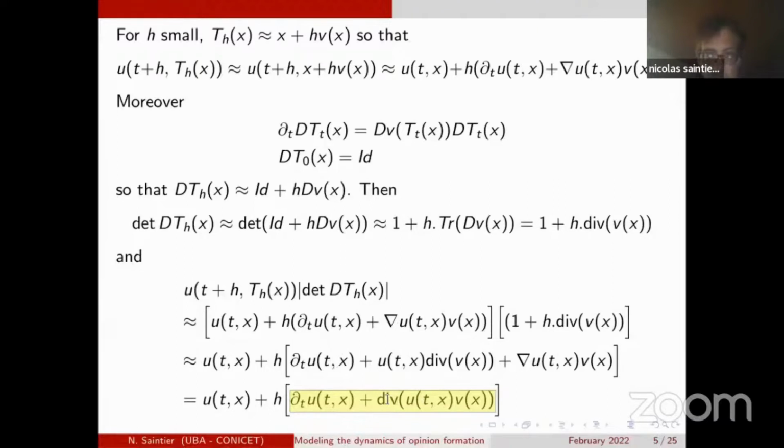Because in the divergence of vu, there is the gradient of u coming from here, which comes from the changes in u, plus the divergence of v, which comes from if the flow is expanding or contracting volume. Okay, right, so got everything together.